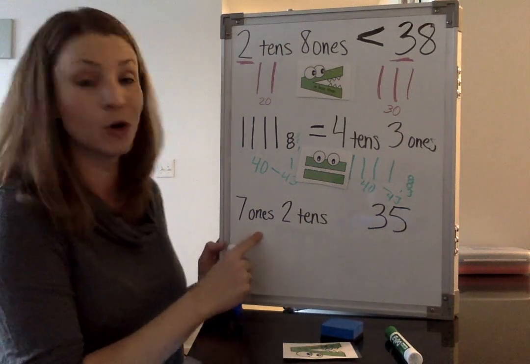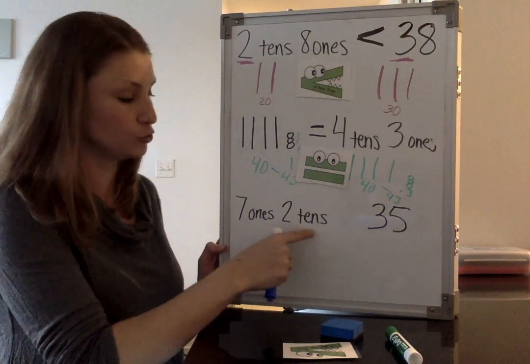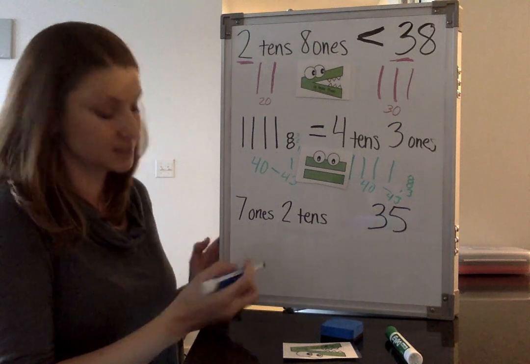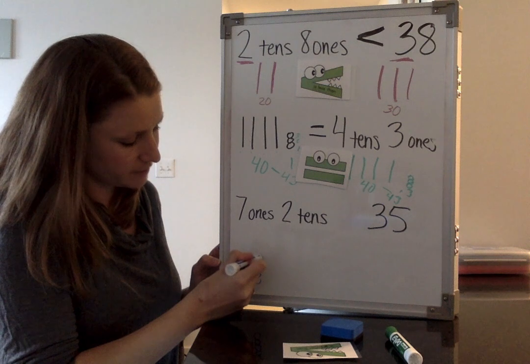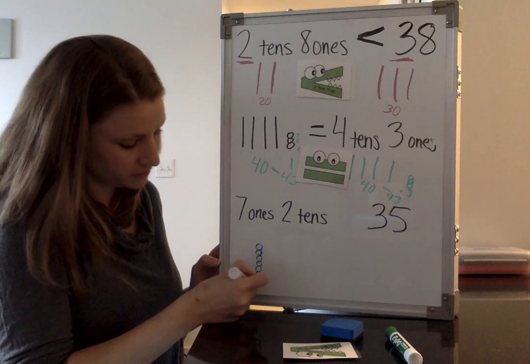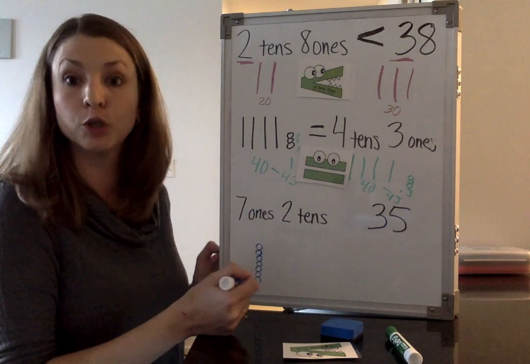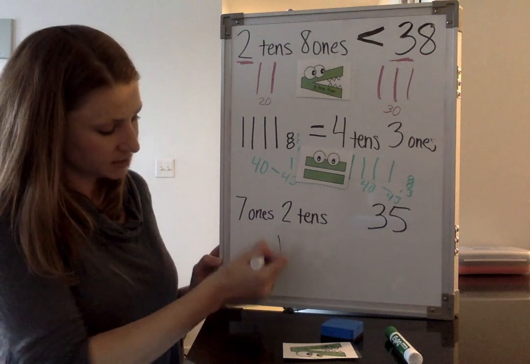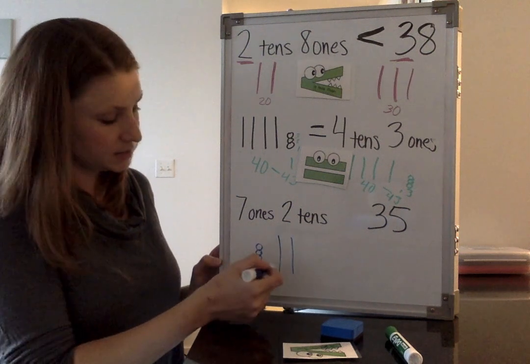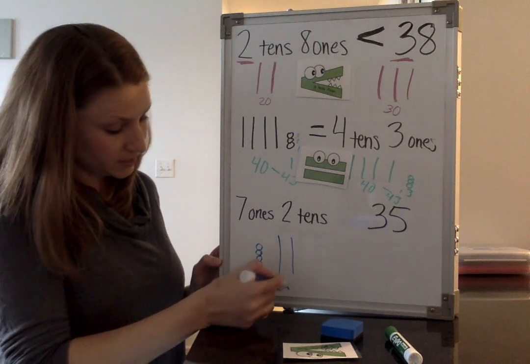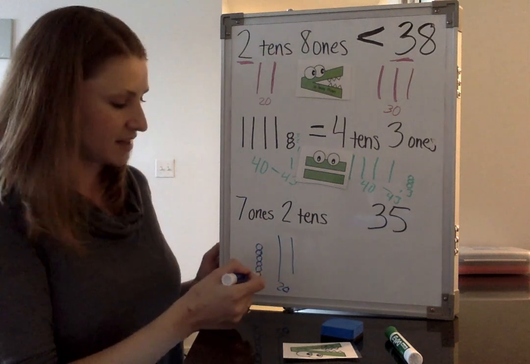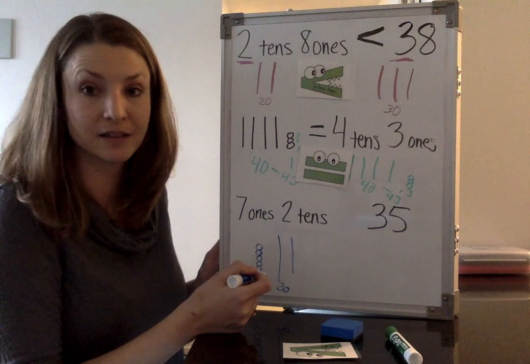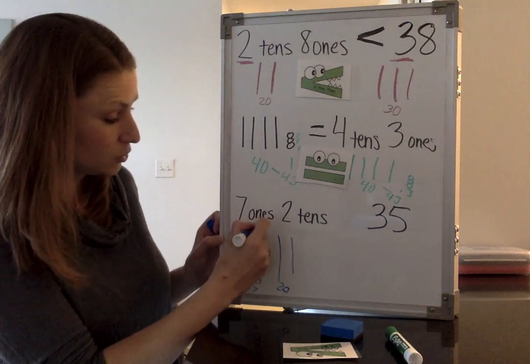It says 7 ones and 2 tens. 7 ones looks like this. 1, 2, 3, 4, 5, 6, 7 for the 7 ones. And then 2 tens, which is like this. 10, 20. So we have 7 ones and 2 tens. 7 ones and 2 tens is actually 27.